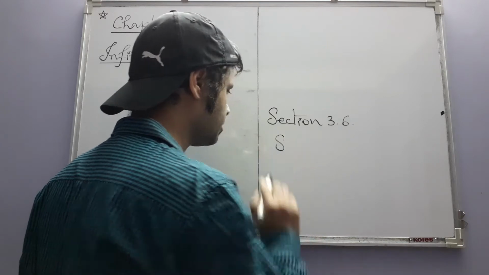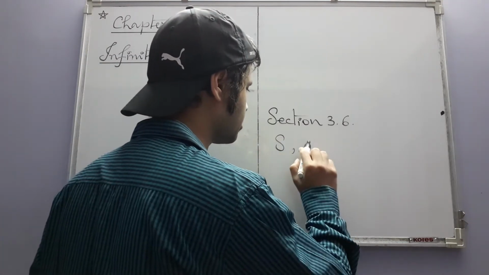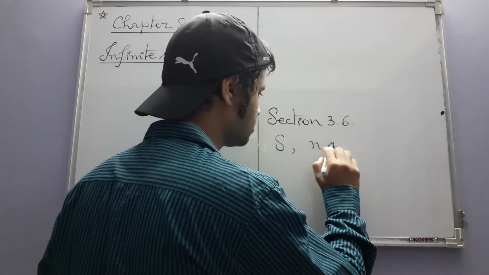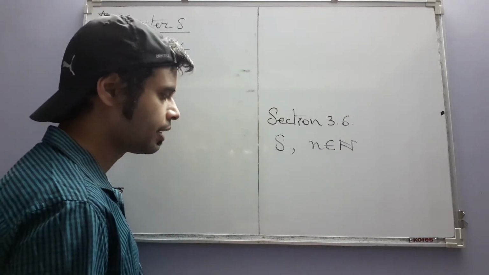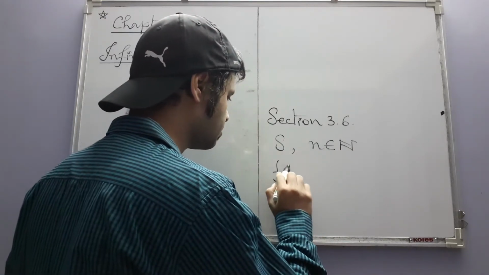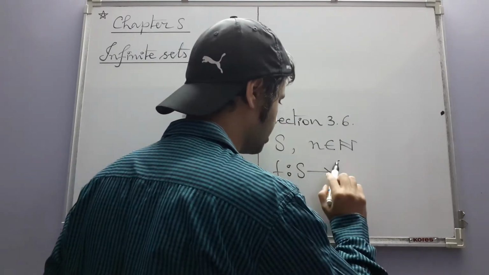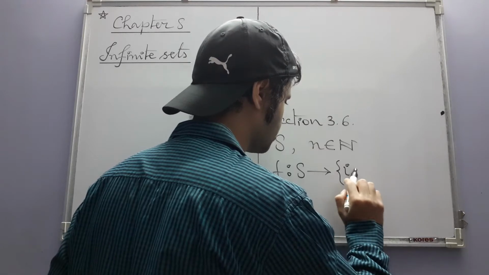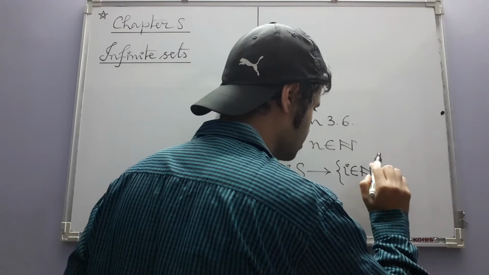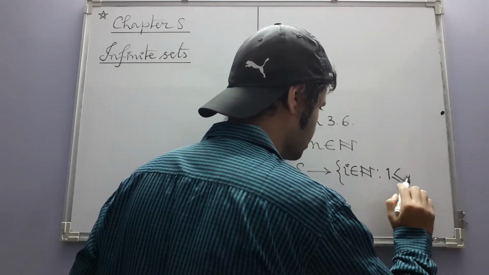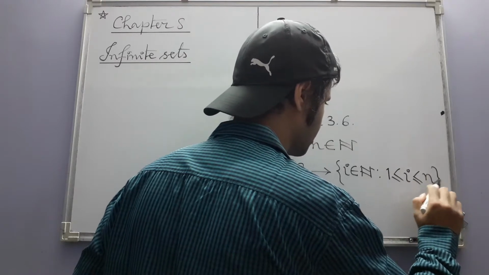Say you have a set S, and say you come across some natural number n, such that you find a bijective function from S into the set of all natural numbers i, such that 1 is less than or equal to i and i is less than or equal to n.